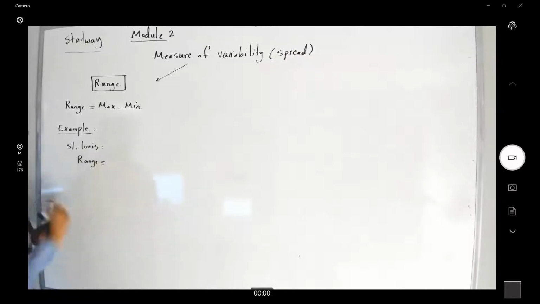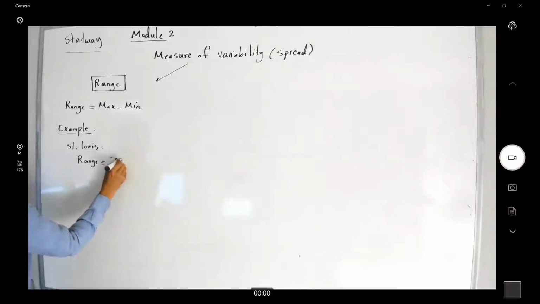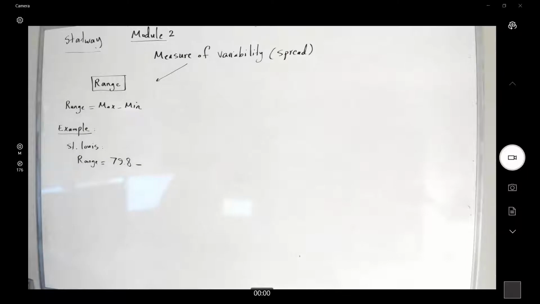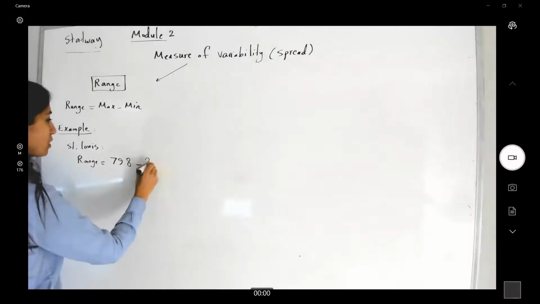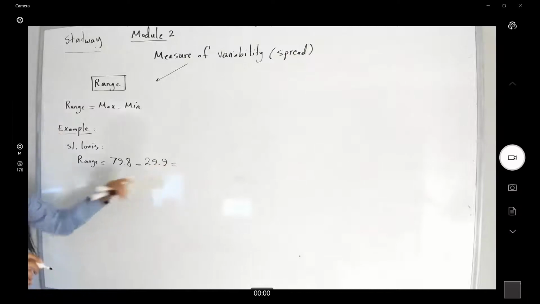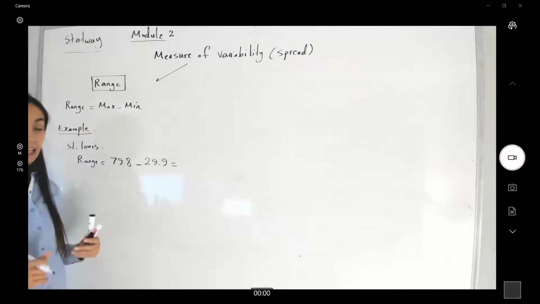What is the maximum value in the temperatures that we have? It seems like it is 79.8. This is the maximum temperature. And the minimum temperature is 29.9. So what's the range of temperatures in San Luis?